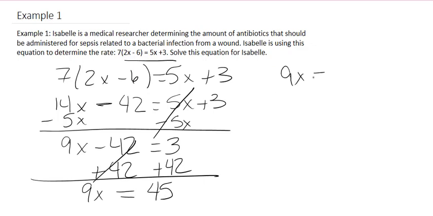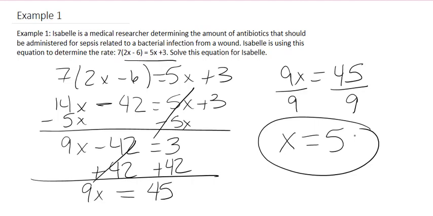So 9x is equal to 45. Then we're going to divide by 9 on both sides. So now we can get x by itself because 9 divided by 9 is just 1. So we'll just leave it as x. 45 divided by 9 is 5. This is our solution, which is great. So now let's go to another one.